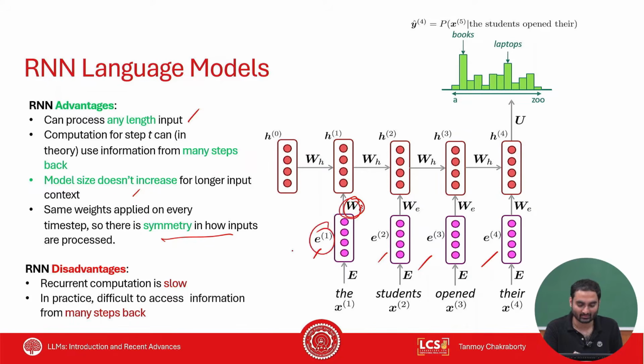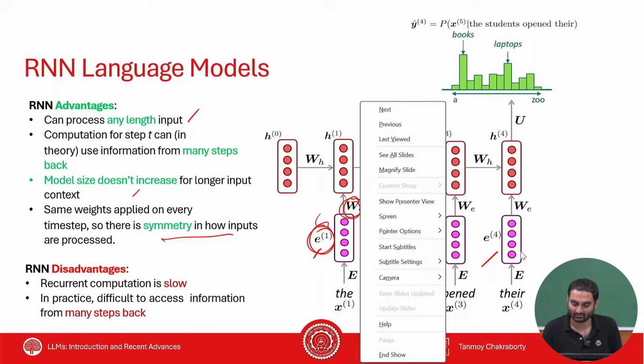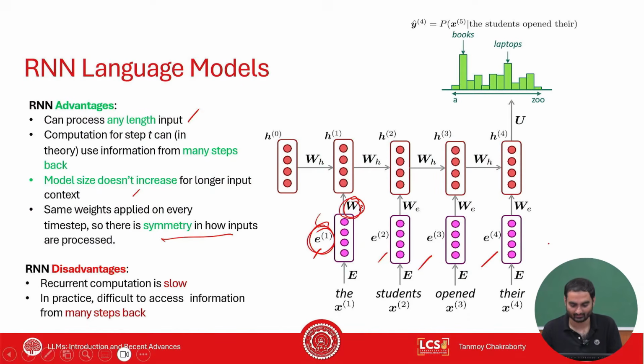Now E1 will affect W_e similarly to E2. I mean, the effect of E1 on W_e and the effect of E2 on W_e will be more or less similar, in the sense that it gives a fair chance to both E1 and E2.